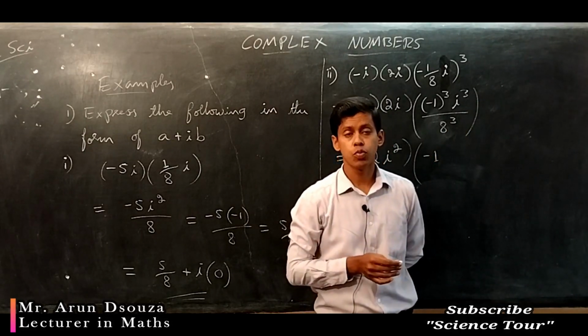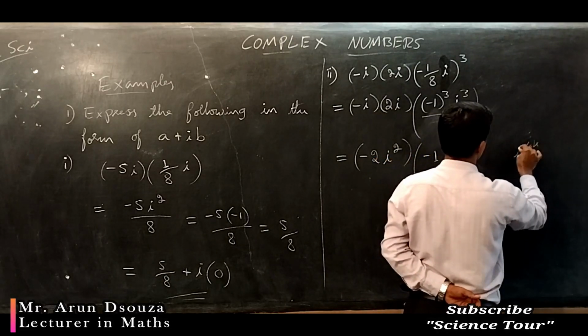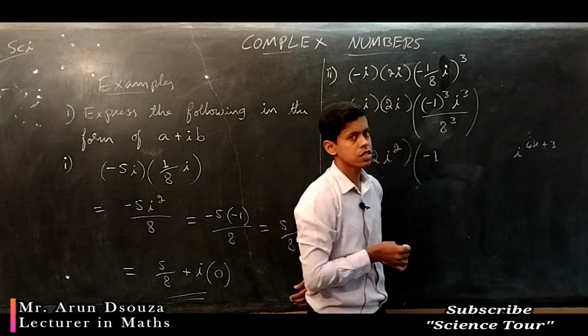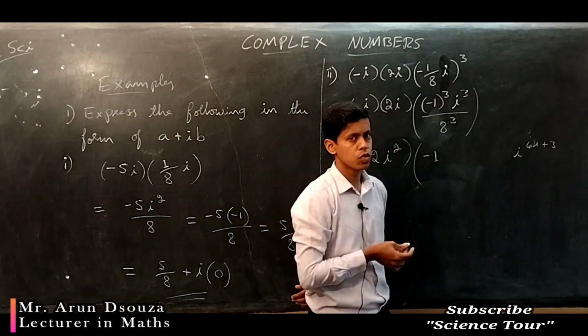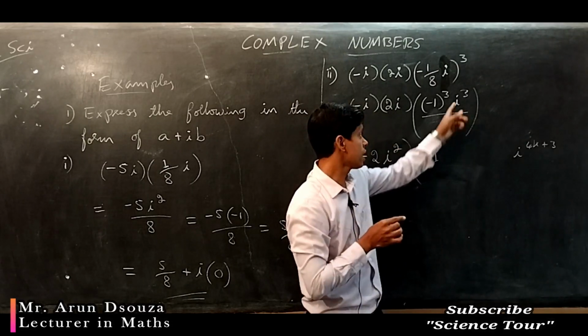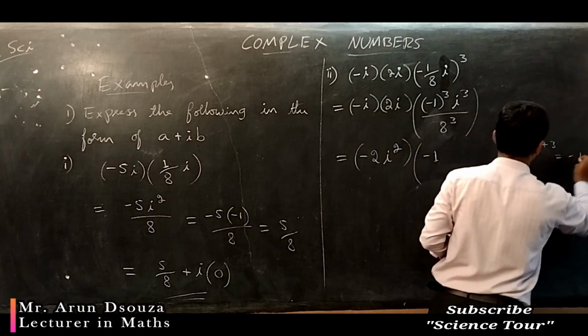So what is i cube? Remember, i raised to 4k plus 3. If k is 0, then you will get i cube. What is the answer? Minus 1 times i, that is minus i. So what is i cube? Minus i.